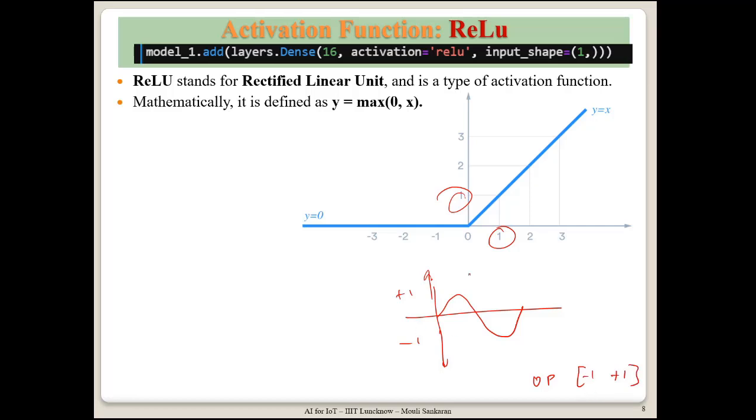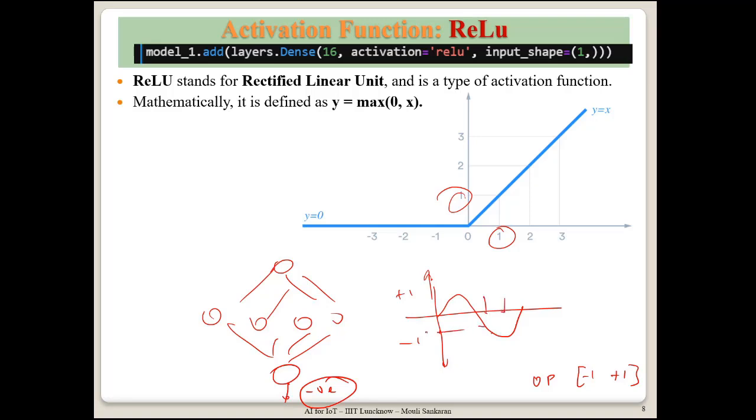That means what? The output layer, after all this business is done, in our case is going to give some negative value for some values of x, right? But we are applying a ReLU on all of them.